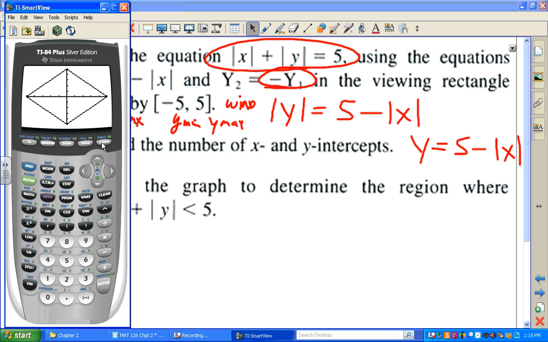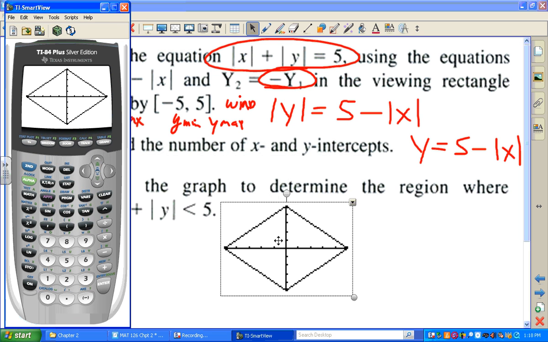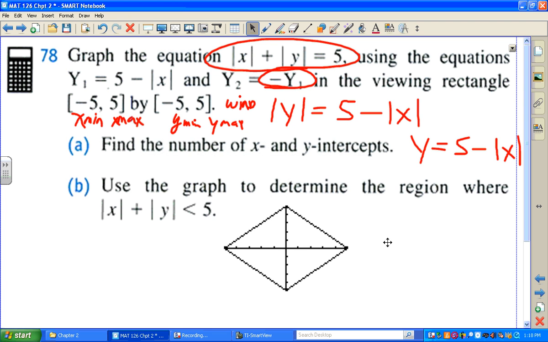You gotta be kidding me. What is that thing? Oh, is your plot on? If you have an error, check your plot. Yeah, you got to turn all those off. There. Now finish. All right.